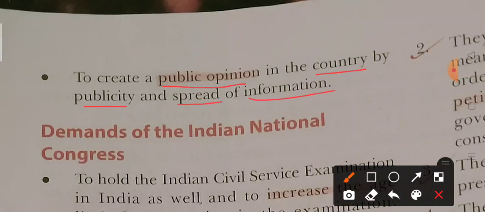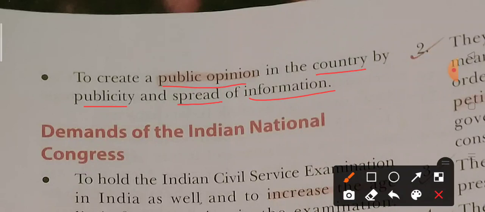In the 19th century there was no social media, and no media trends like the present; there were only magazines, only printed media.